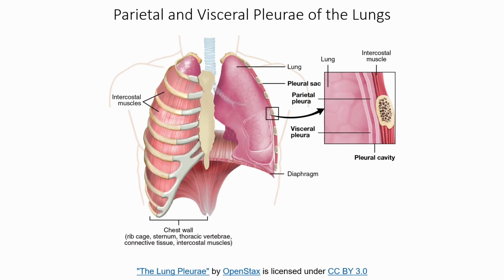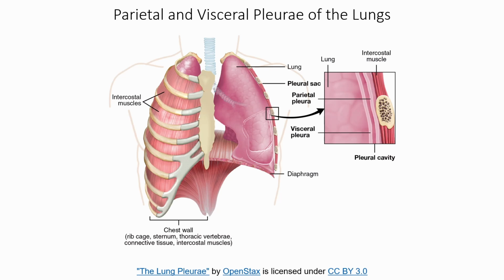But the lungs are not alone. They're very thin, sensitive tissues. We have lots of stuff that's going to help provide some protection to these, including the pleural sacs. They're found within the pleura, which is going to be our membrane providing that protection. With that, we have both the parietal and visceral pleura.